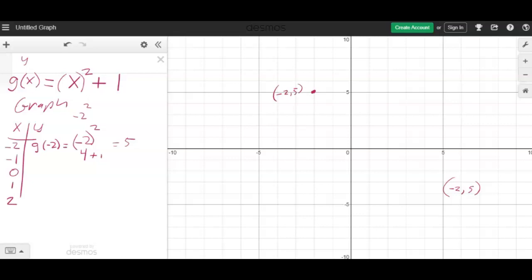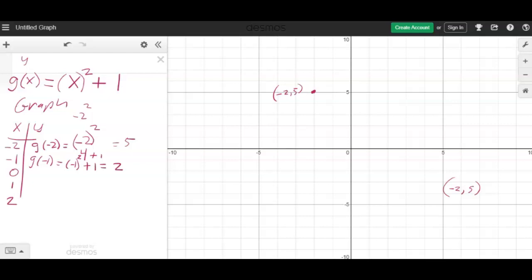Now, when x is -1, y is g of -1, which means I take the -1, which is what my x is, and I square it because that's what my instructions say to do, plus 1. That will be a 2. -1 squared is a positive 1.